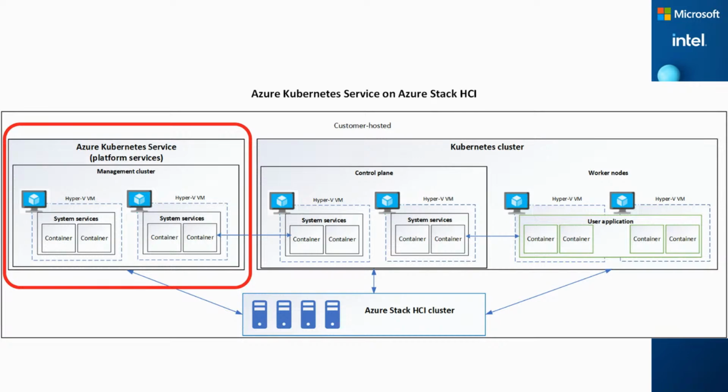So this means we have some infrastructure here to provide the AKS infrastructure. The cluster where our workloads reside is the worker node cluster here. Okay, AKS on Azure Stack HCI.